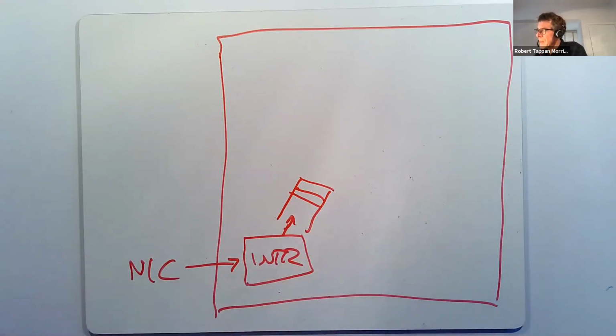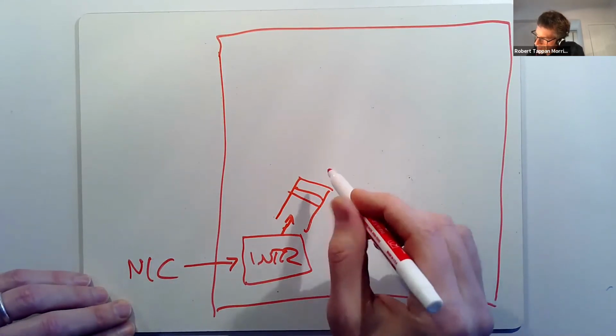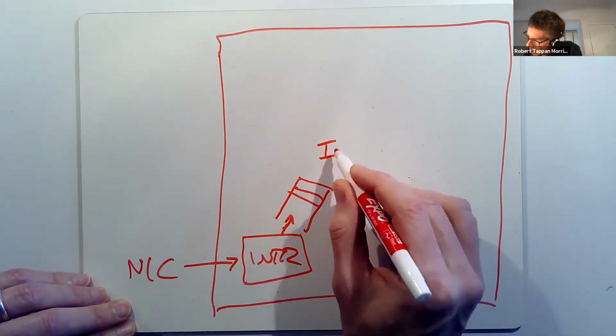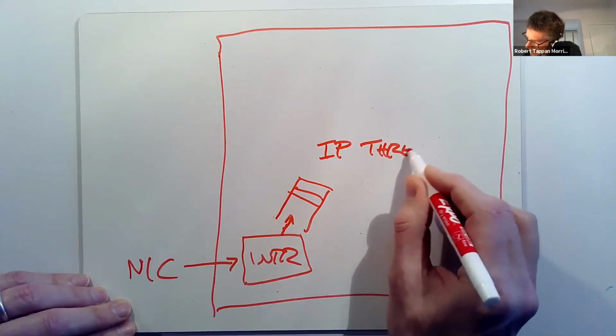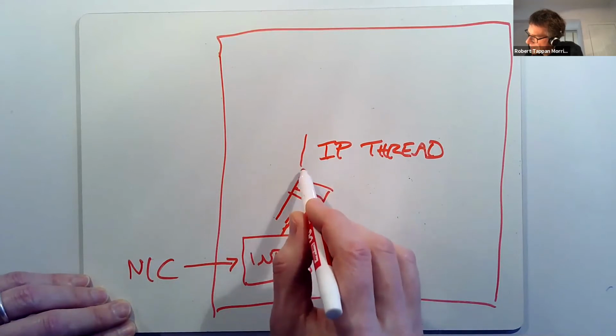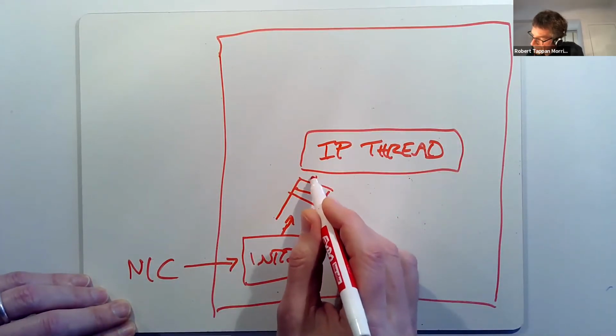And then separately, perhaps in a separate thread, there's what I'll call the IP processing thread. Sometimes it's not a thread, sometimes it's a different kind of entity, but its basic job is to read packets off these incoming queues.